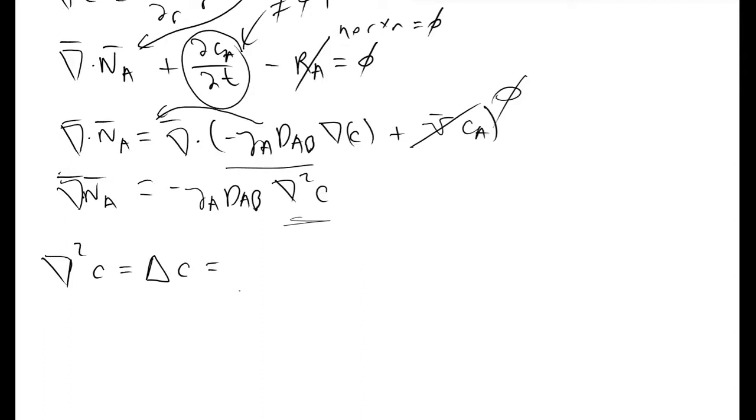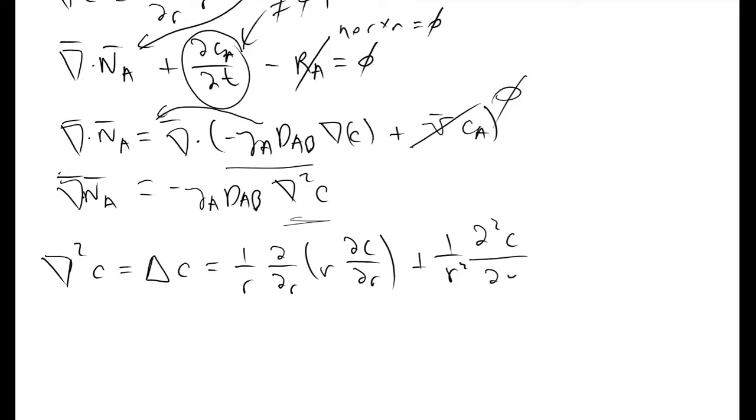In cylindrical coordinates, it is equivalent to 1 over r, partial derivative with respect to r, of r dc dr, plus 1 over r squared times the second partial derivative of your concentration with respect to phi, plus the second partial derivative of your concentration with respect to z.